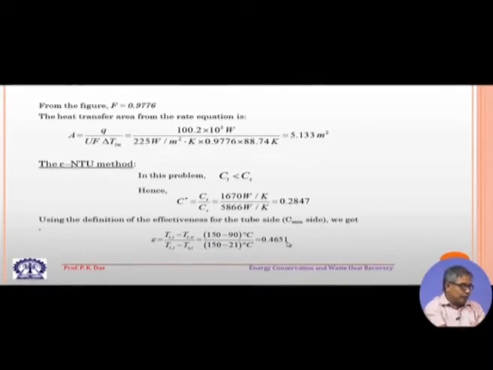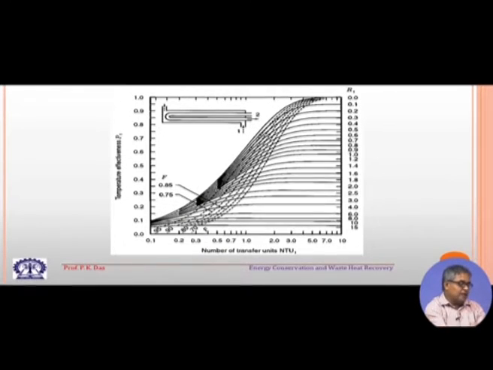Now, if we go to the next step, here we can see some sort of a chart. From this chart, we can find out the P parameter, the NTU, and we can find out the R parameters also.